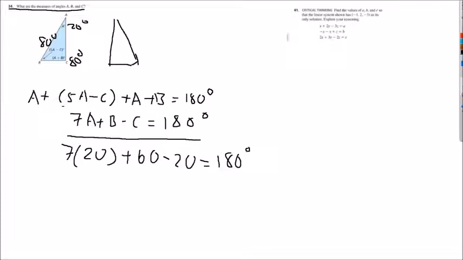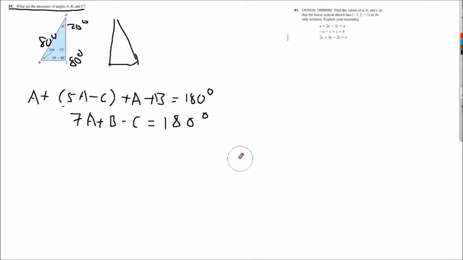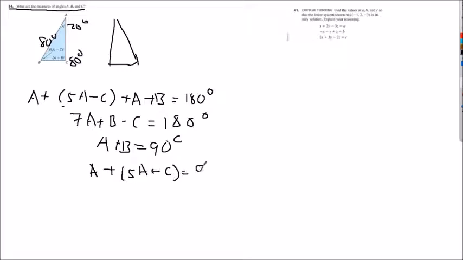Let's assume a plus b is a right angle equation, so a plus b equals 90. If a plus b is equal to 90, we have a plus 5a minus c is equal to 90.